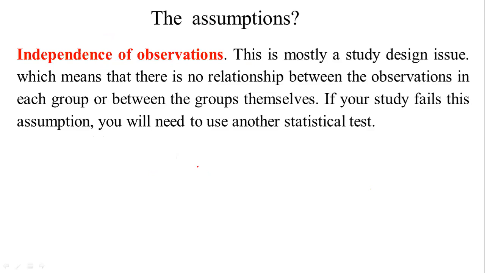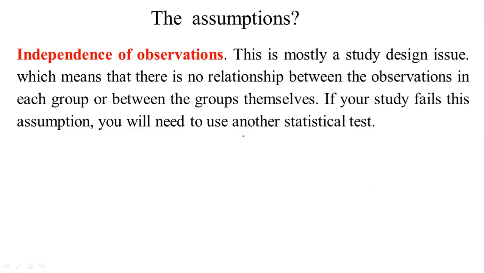Another one is independence of the observations. This is mostly a study design issue. So when you are designing your study, make sure that the design you are going to use is not prone to errors, or that when you are collecting your data, it gives you enough room to collect your data so that you can analyze it without any problem.